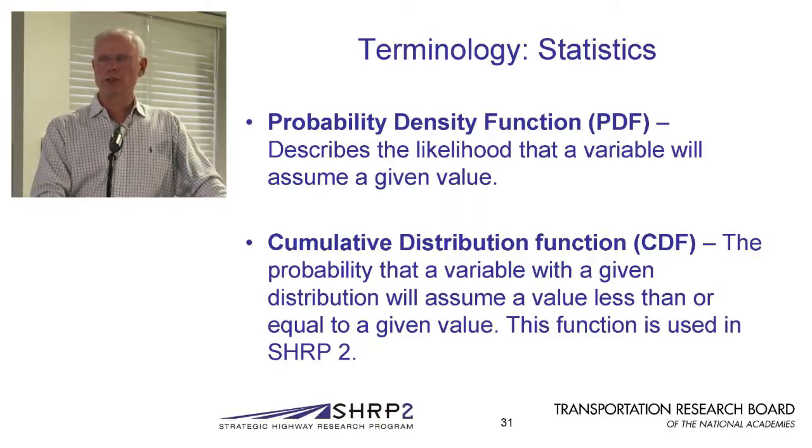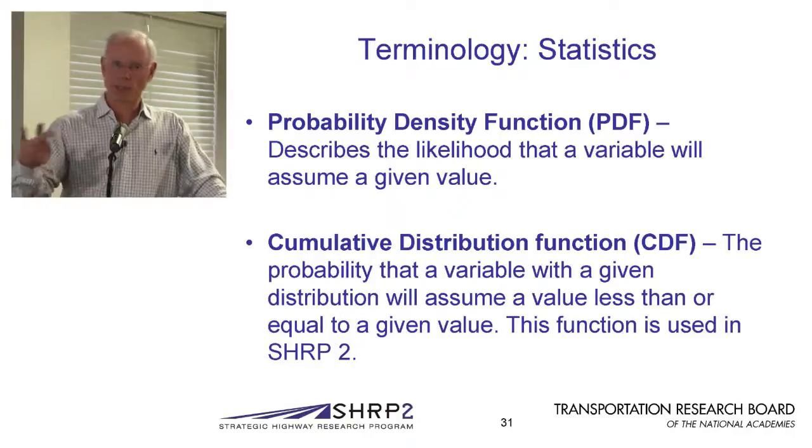What this really touches on is the SHARP 2 research program, where one of the areas identified by the state DOTs as being important was reliability. If you think about what that word means in plain English, something that is reliable is something that happens all the time.